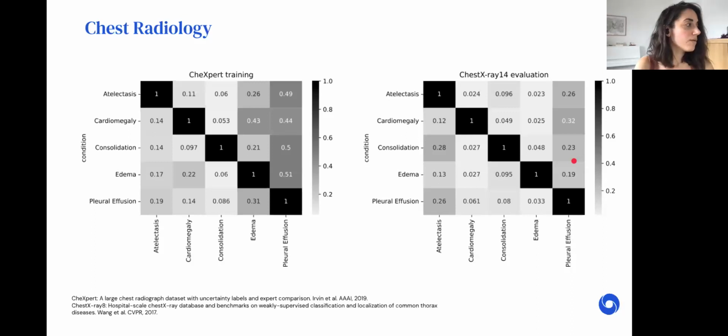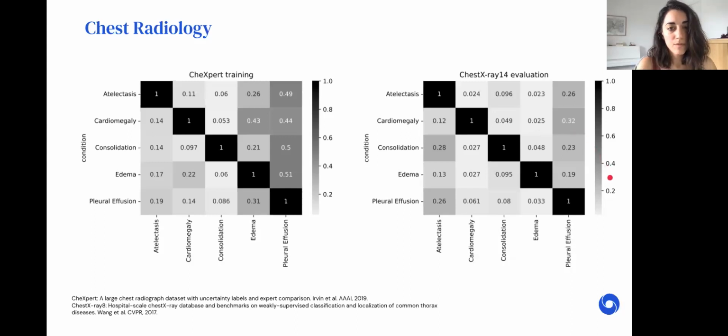So we can see that, for example, while in the training dataset 43% of the patients with cardiomegaly also have edema, this is a much lower number in the evaluation set. So there is actually quite a strong label shift there.